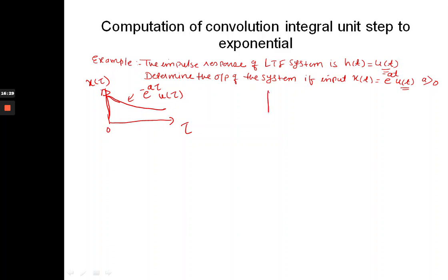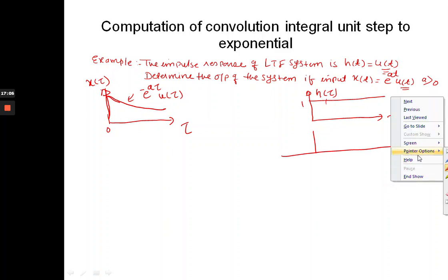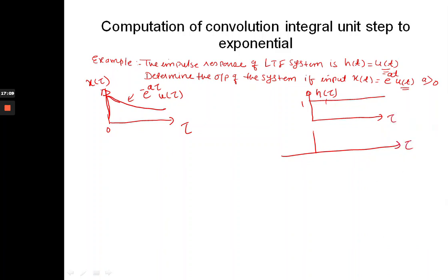Then this is the h of tau, and again the magnitude here is 1, h of tau, right, representation of both signals in the dummy variable. Then next one is fold any one signal. Now here we will fold this second signal, h of minus tau, means take the mirror image of this, and the mirror image of this is h of minus tau, and this will be like this. This is 1.